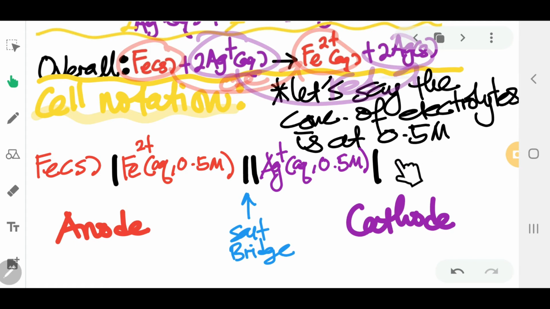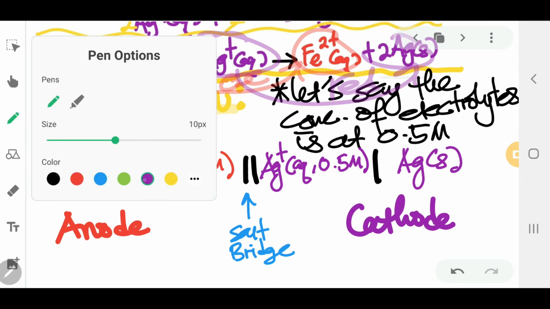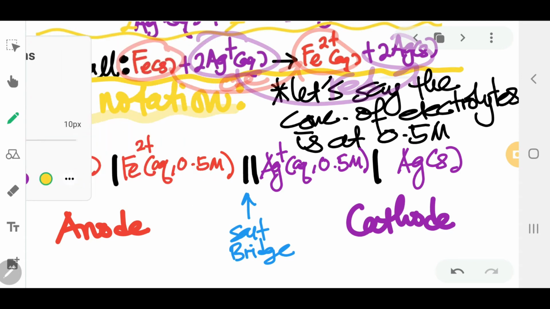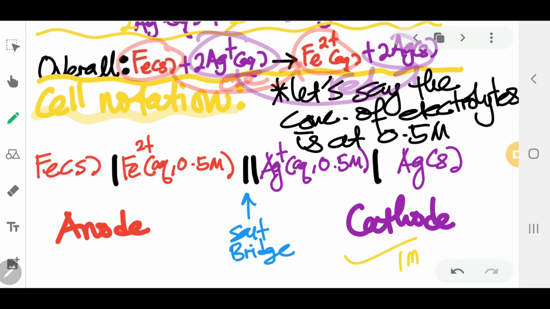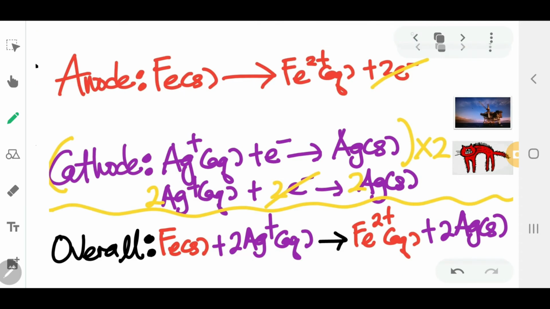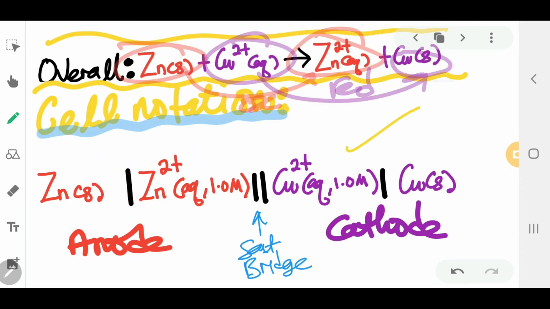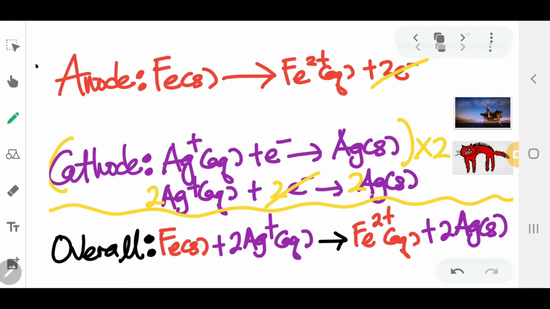You're just going to write silver solid. So when you have this written down, all complete, you will be able to get 1 mark. Same goes to what you have over here. You will be given 1 mark for your cell notation.